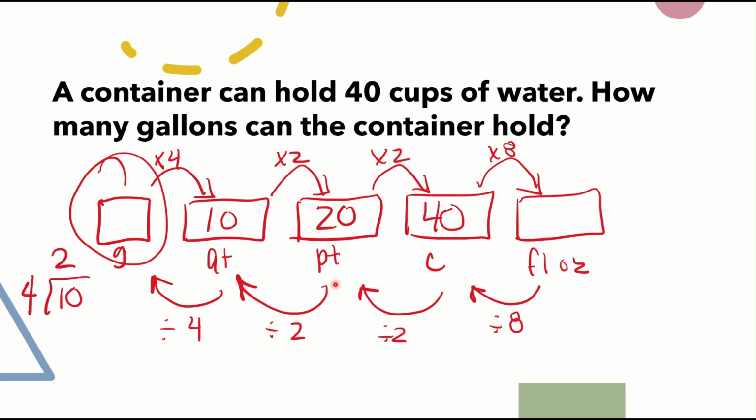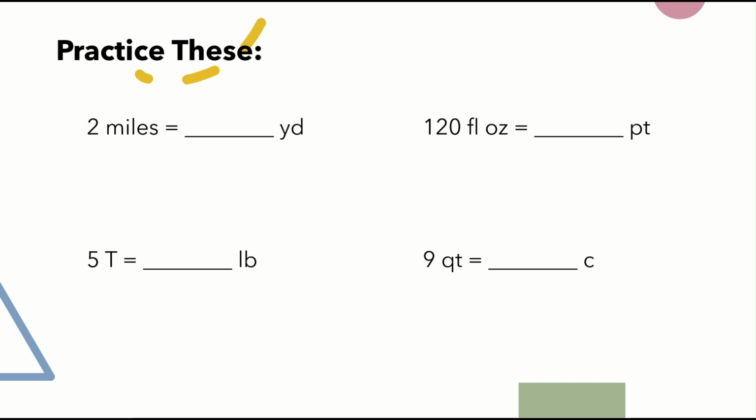And then 10 divided by 4, I get 2.5 gallons. So I know that 40 cups is equal to 2.5 gallons.